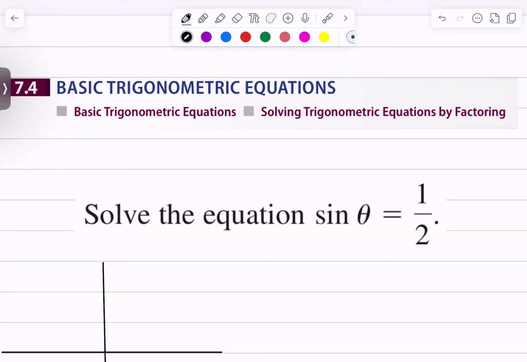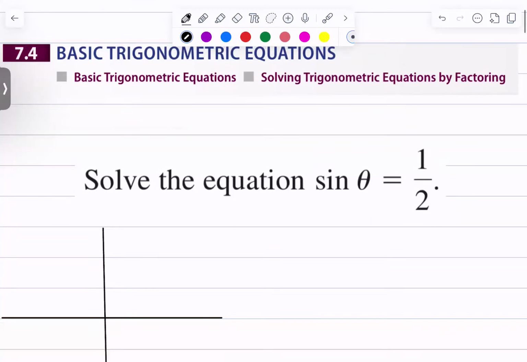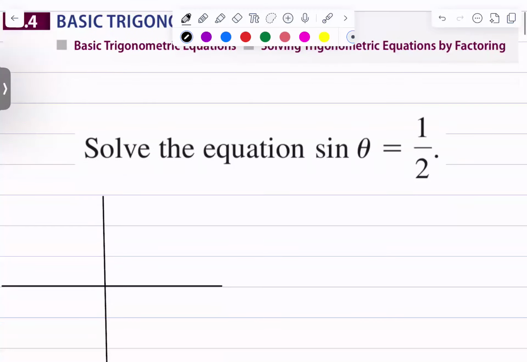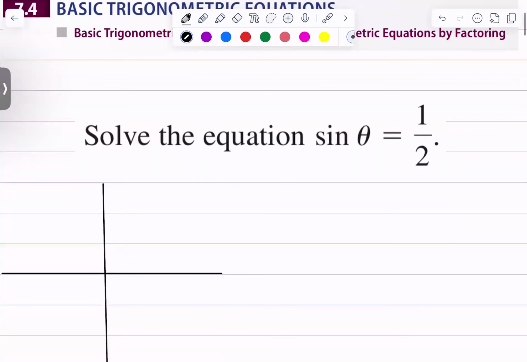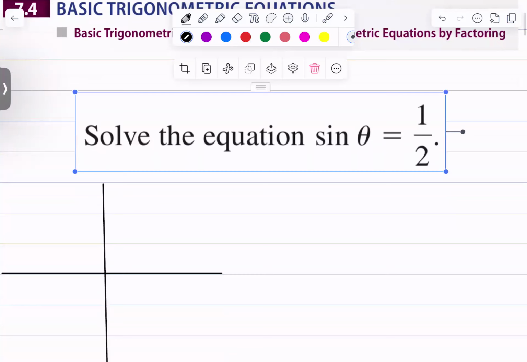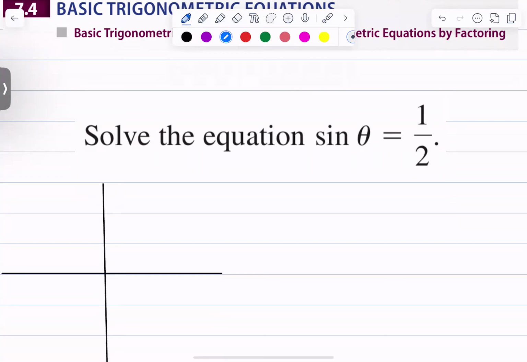So our first example here says solve the equation sine of theta equals 1/2. Where is sine equal to 1/2? What's my reference angle if sine is equal to 1/2? 30.